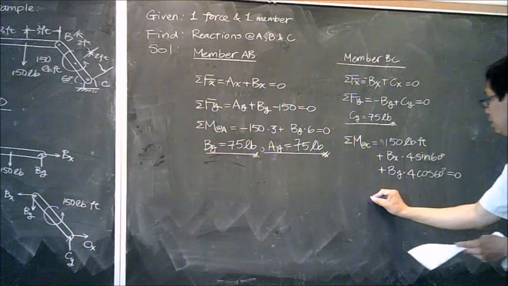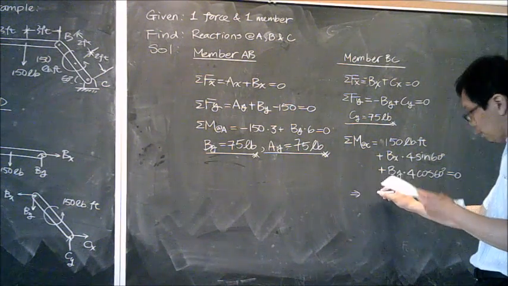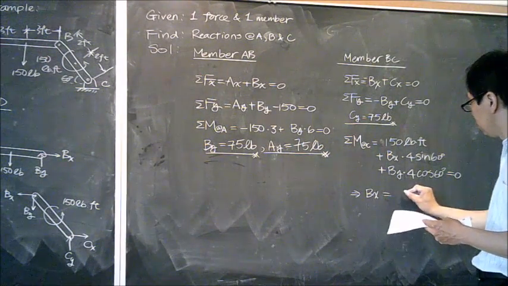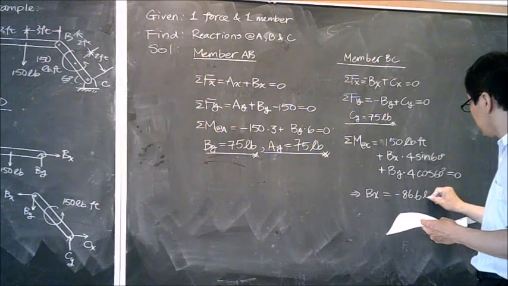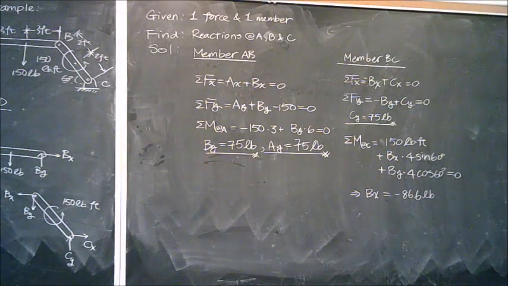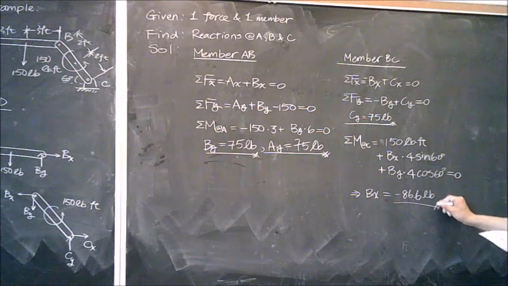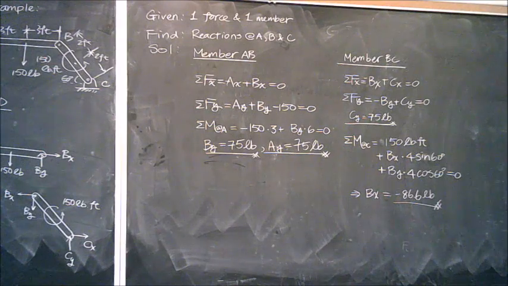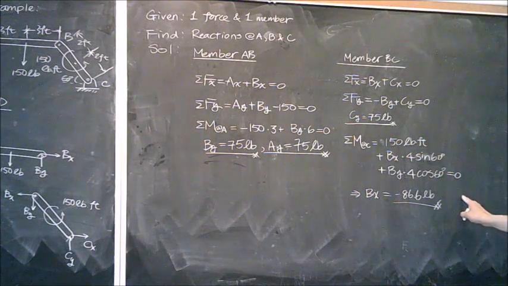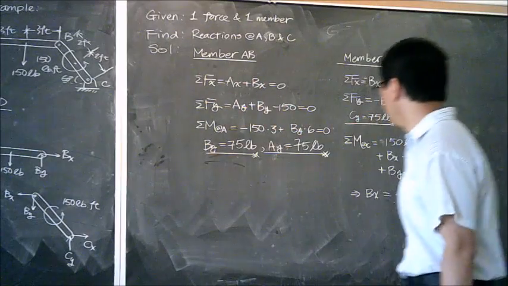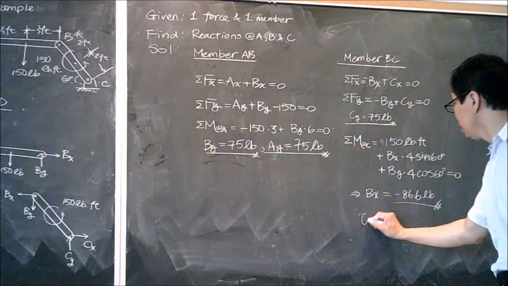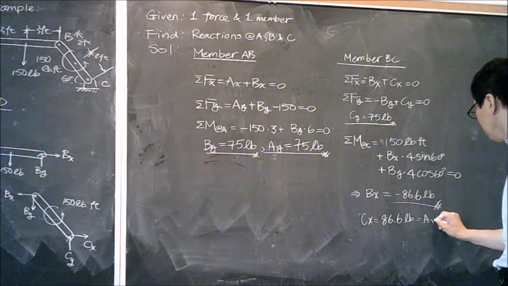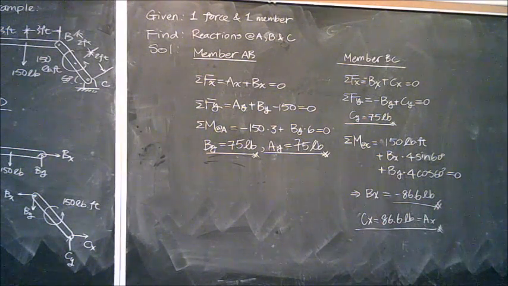So when we do that, you're going to find Bx equals negative 86.6 pounds in this case, which means the direction is not correct, at this joint. So we can conclude Cx equals 86.6 pounds, and this equals Ax as well.